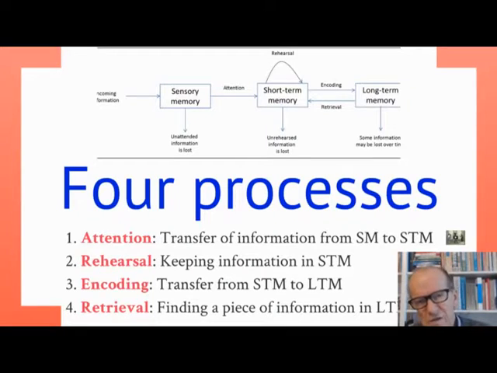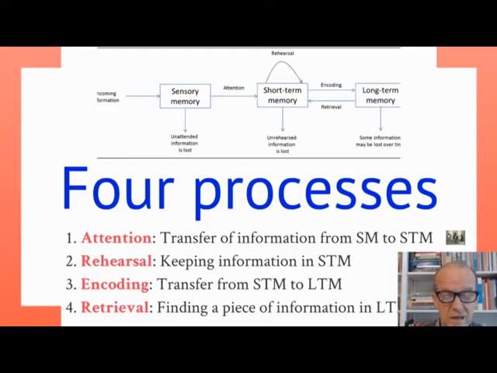More than 7, or at least more than 7 plus 2, 9, is impossible to keep in memory by the process of maintenance rehearsal. But soon people discovered that this is not a complete story.